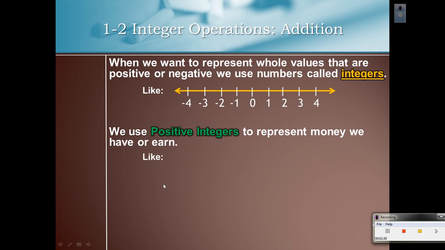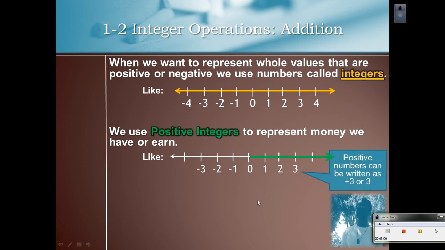On the number line, all the positive integers are going to be those numbers to the right of 0. So go ahead and draw an arrow starting at 0 and going to the right. Positive numbers can be written with a positive sign in front or without. For example, +3 or just 3.